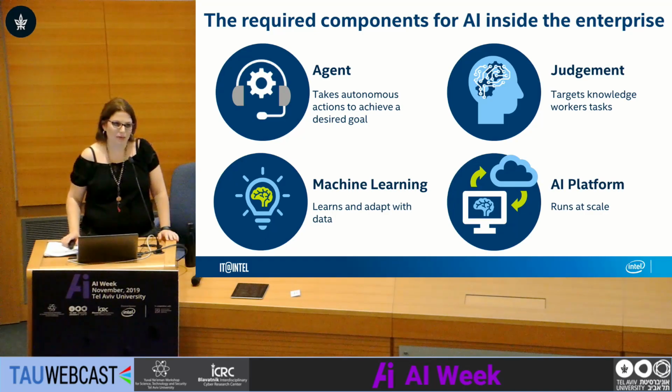And finally, we have to have an AI platform that can orchestrate all of these components in a timely manner and enables us to scale easily, because otherwise it's not going to have enough ROI, because I will have to redo the work each and every time. So a platform is something that enables me to move faster.